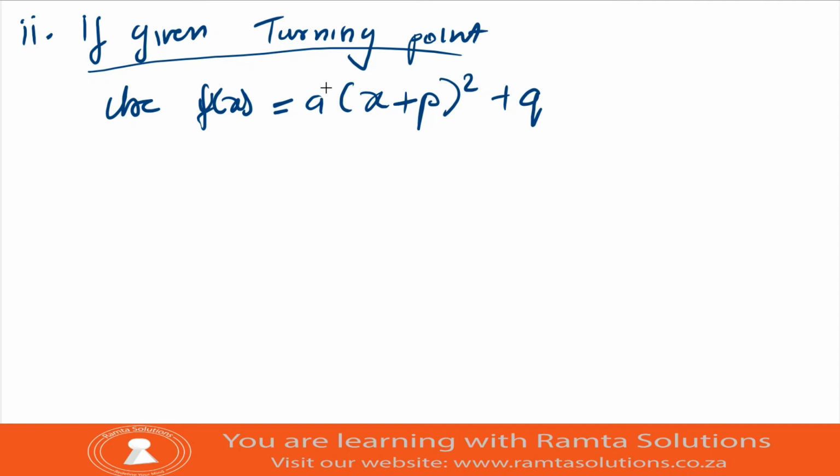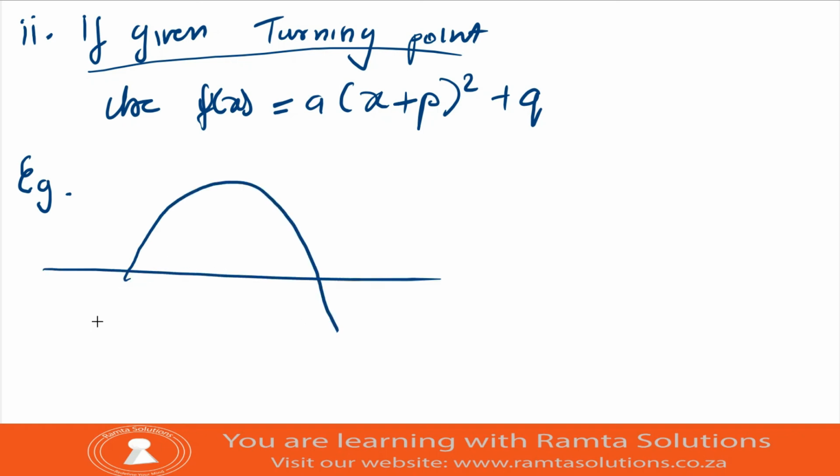All right, so I'm going to give you an example on this one. Let's try this one here. This is 0. I will say the point here is 3 and the turning point is -1 and 6.